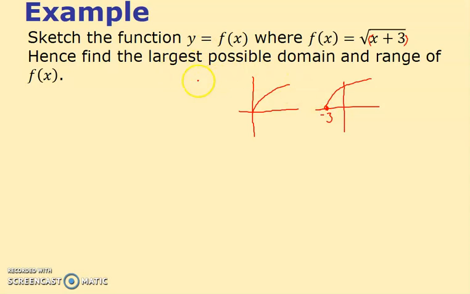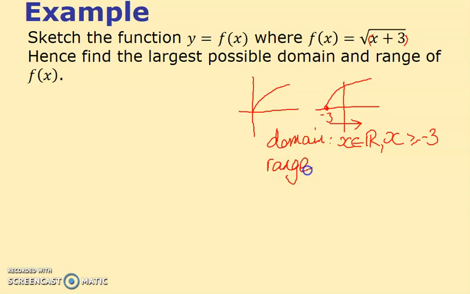So what's the largest possible domain? Well, you can see it stops there. So it's all the numbers bigger than that. x belongs to the real numbers, x is greater than, and I think it can be equal to, -3 this time. My feeling is that the range doesn't go below the x-axis. So it's like ones we've seen before: y belongs to the real numbers.